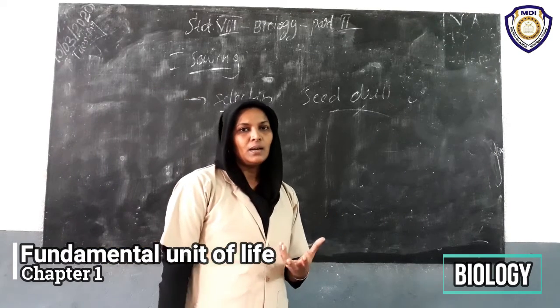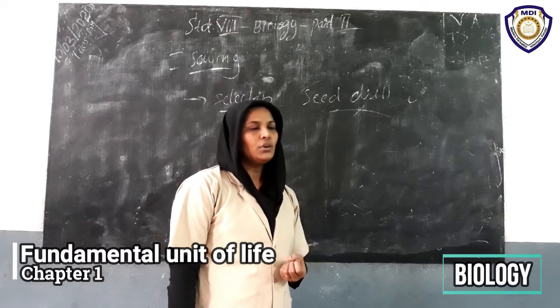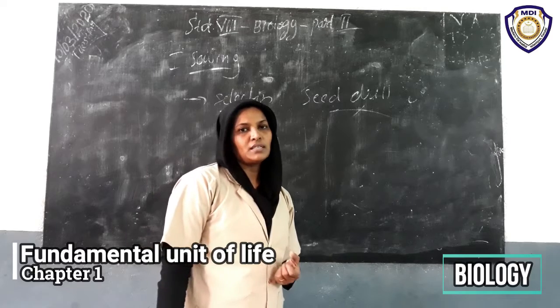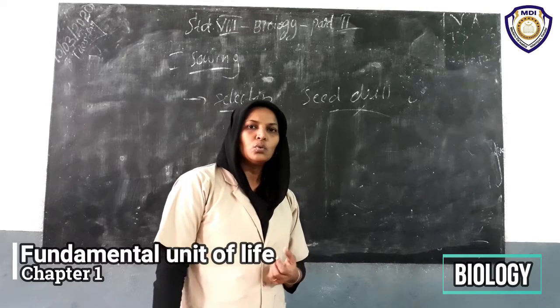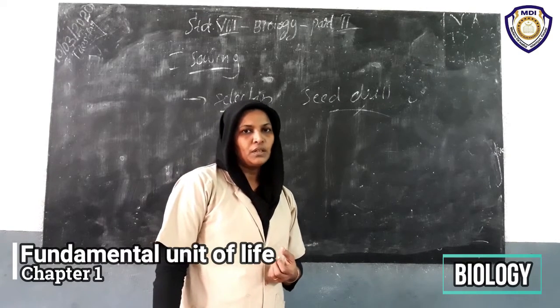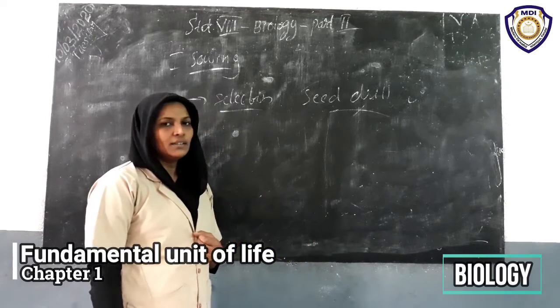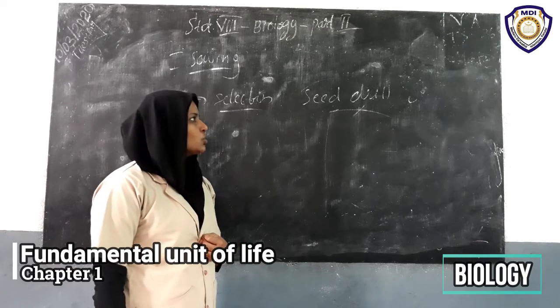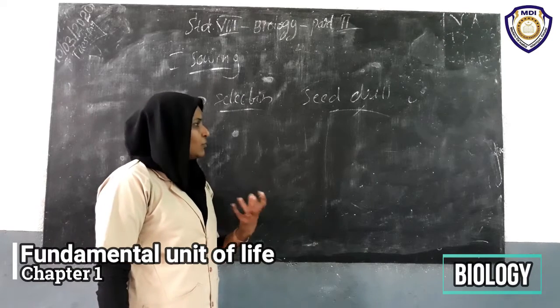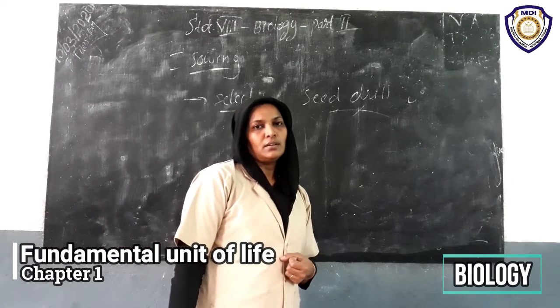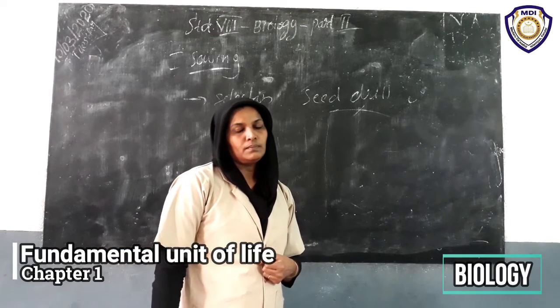The funnel is a traditional tool, but the seed drill is a modern tool used for sowing. What is the difference, and what are the advantages of using a seed drill over the traditional tool?